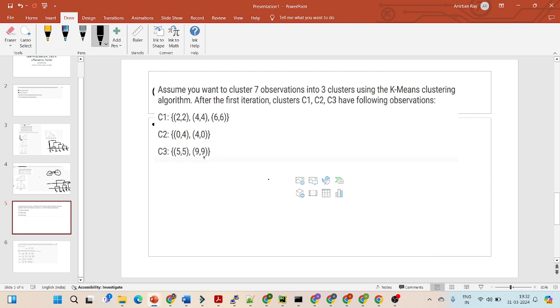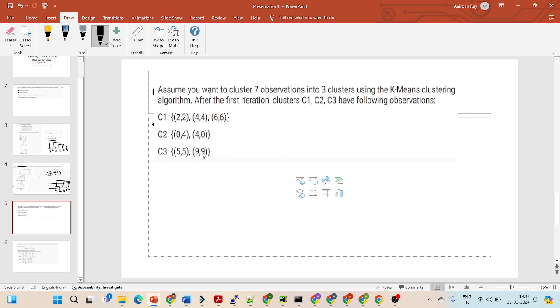K-means clustering. Here you have to find the centroid. It is actually very simple. What is exactly the question here?